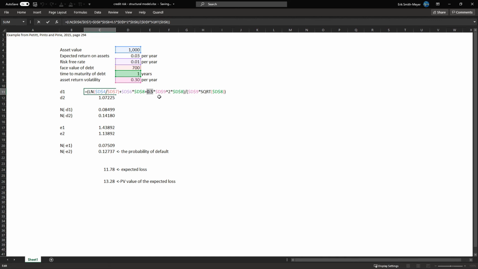So this is D1, and D2 is just D1 minus the asset return volatility times the square root of time to maturity of debt. To get the probabilities from the normal distribution, we use the norm.dist function in Excel.